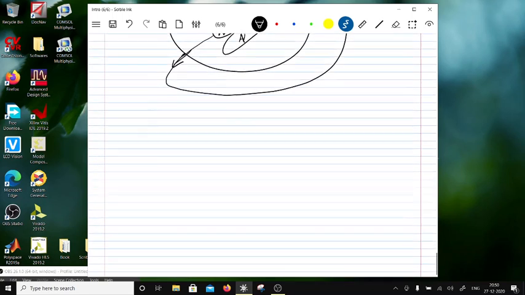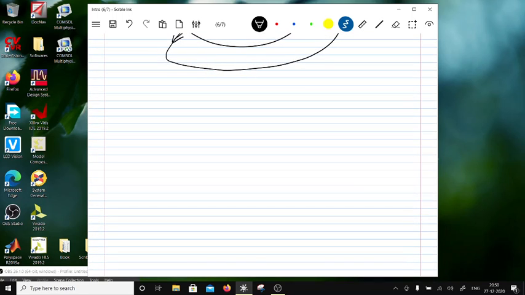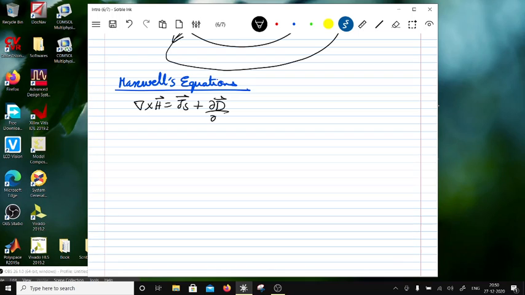So let me summarize these equations. I call these Maxwell's equations. What are these Maxwell's equations? One is curl of H is Js for the static case; for the dynamic case, plus ∂D/∂t.